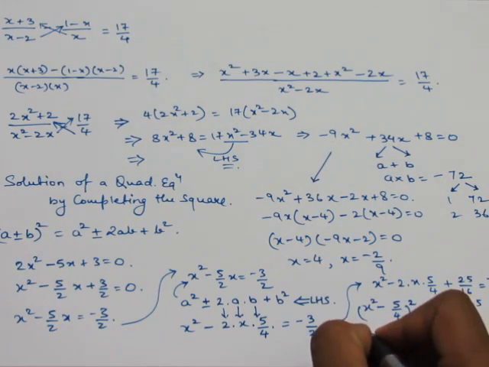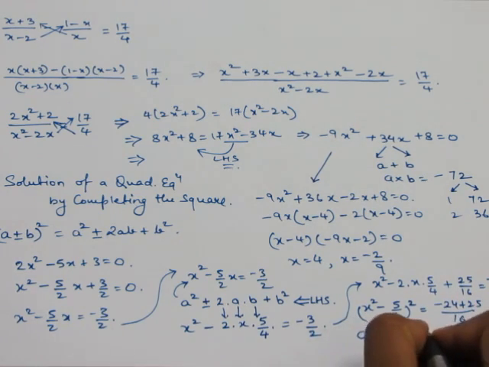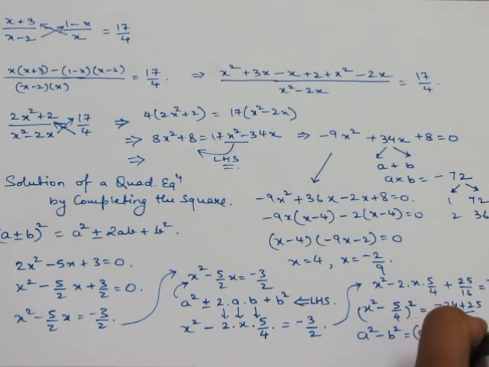Now what we'll do is apply the formula a square minus b square equals a plus b into a minus b.